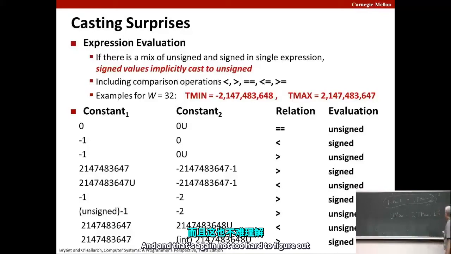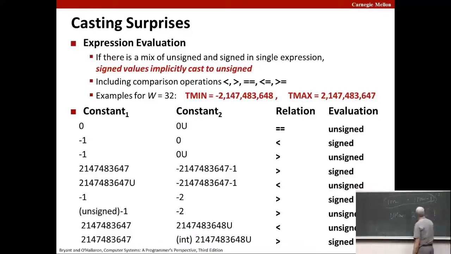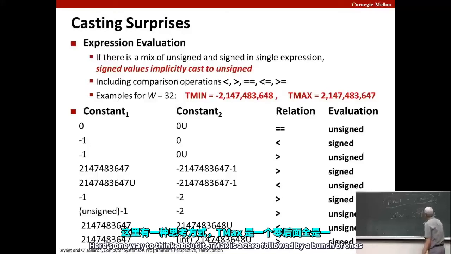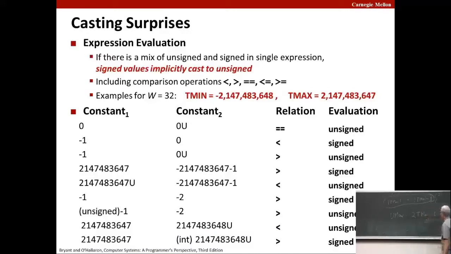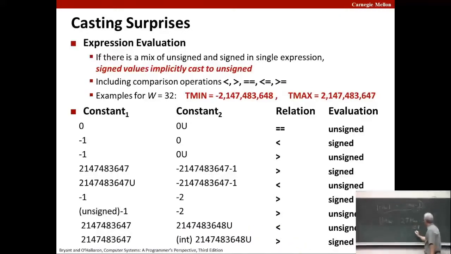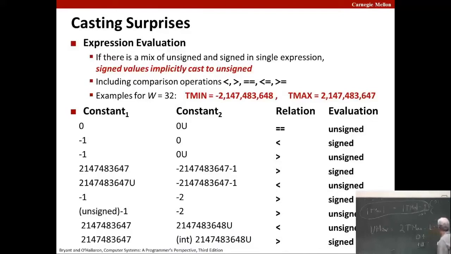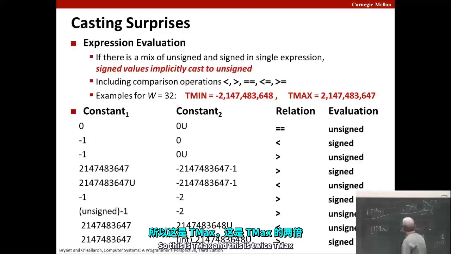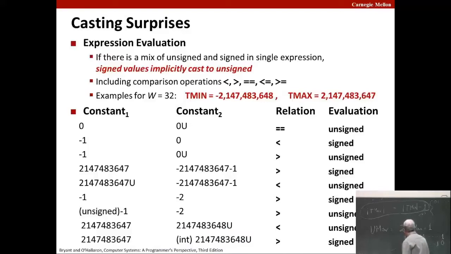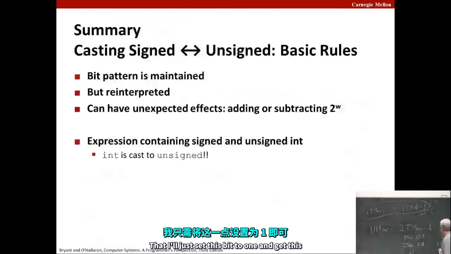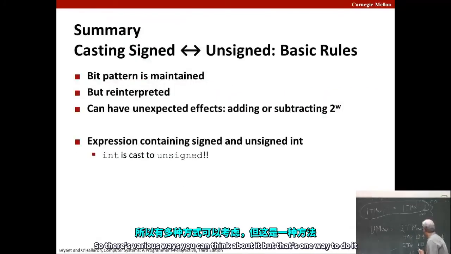And that's, again, not too hard to figure out. Here's one way to think about it. T max is a 0 followed by a bunch of 1s. If I want to double that number, I shift it left by 1 position, and that would end up with a 0 here. So this is T max, and this is twice T max. Now if I add a 1 to that, I just set this bit to 1 and get this. There are various ways you can think about it, but that's one way to do it.